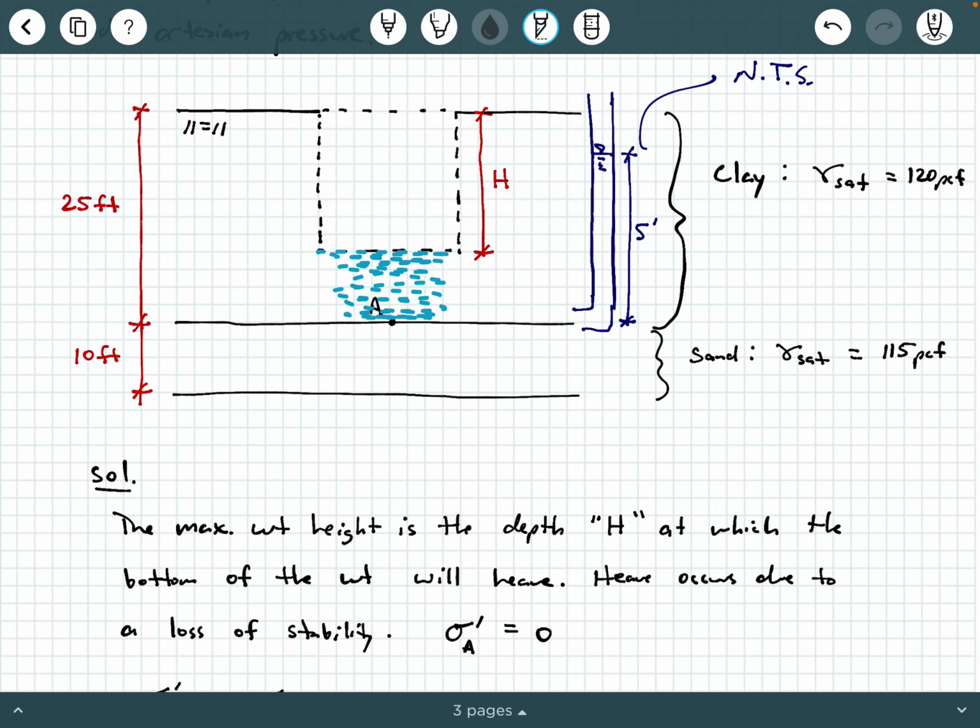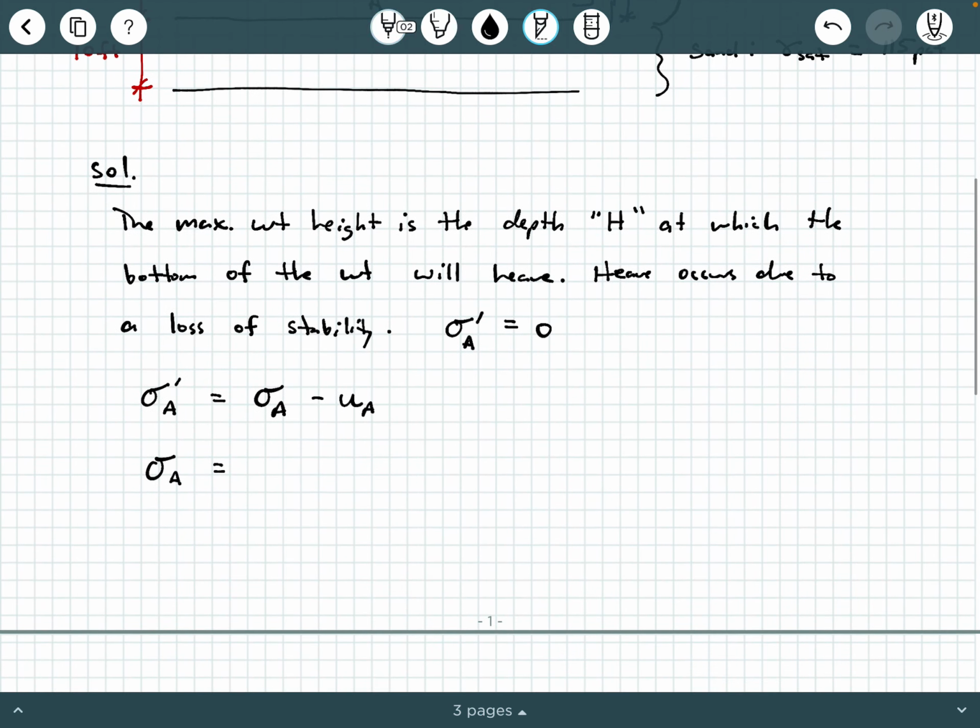So what is the distance of this material? Well, it's 25 feet minus H. And what is that material? Well, it's saturated clay. So here I'm going to say we have 25 feet minus H times gamma sat of the clay, okay?